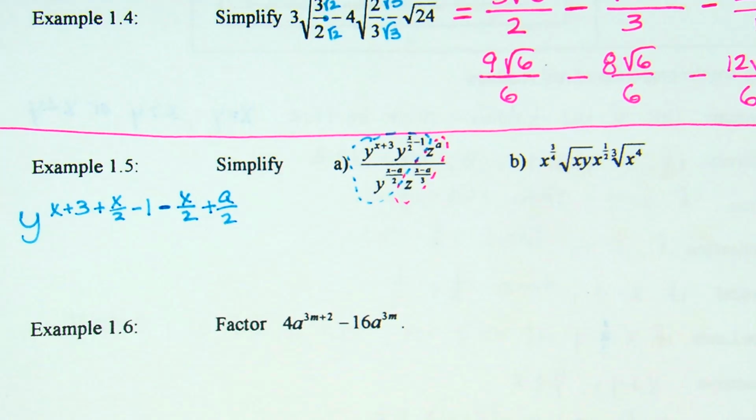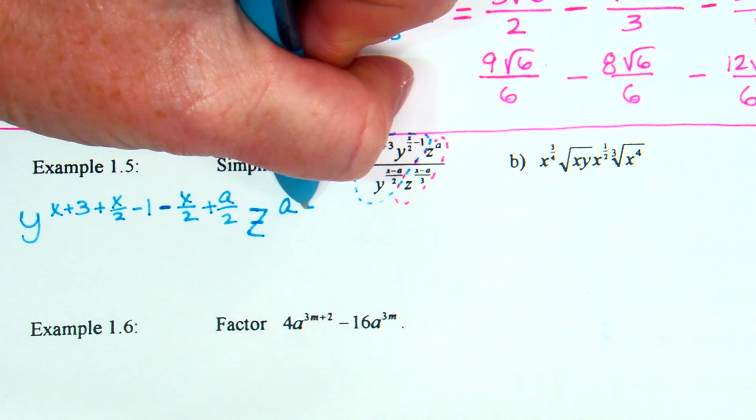We're going to clean it up here in a moment, but let's get our z exponent. What's my z exponent? We've got the a on top, and then what are we doing with the stuff on bottom? We're going to subtract. So I'm going to subtract the x minus a over 3. But can I go ahead and break that like I did the other one?